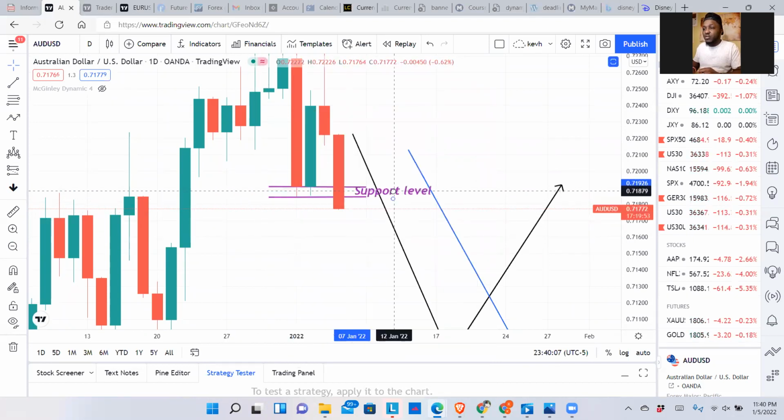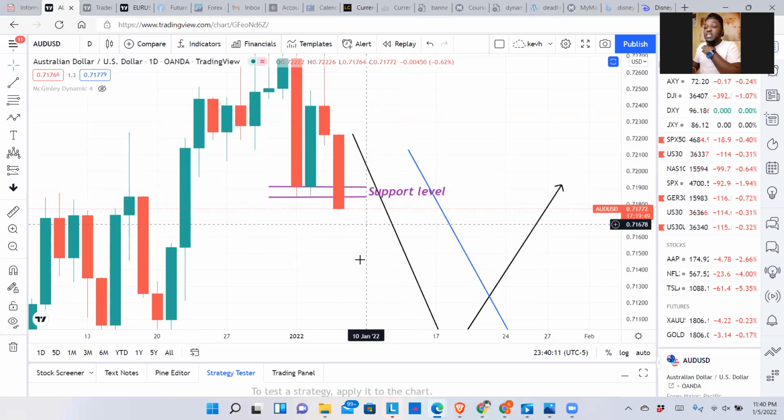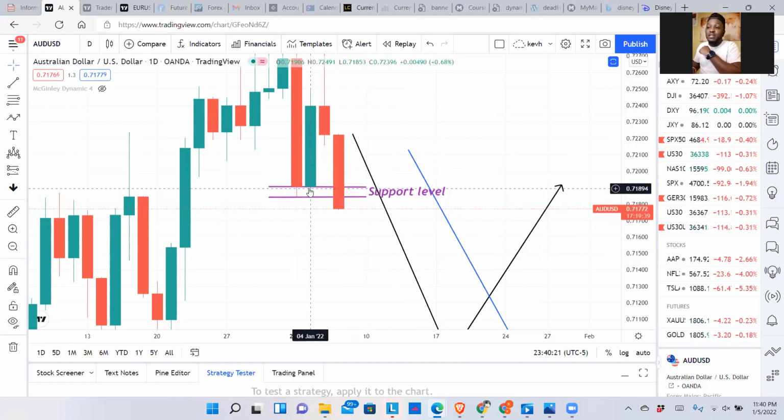This is a support level right here. Okay. And what are we seeing happening right now? The market is breaking this structure on the daily time frame. There's a break of structure that is happening as we are actually seeing right now.